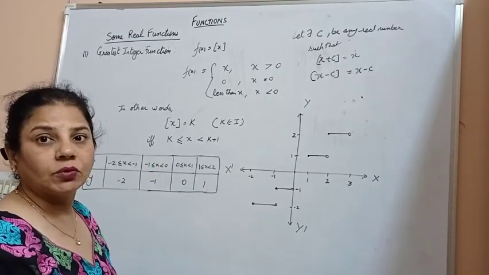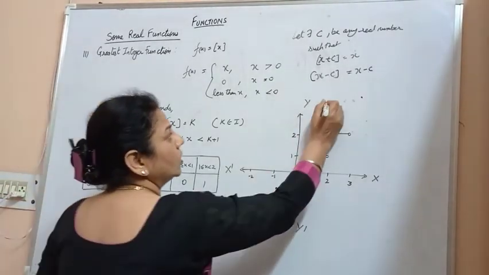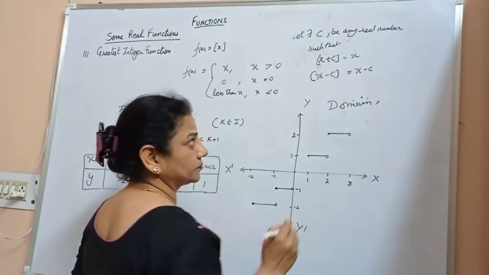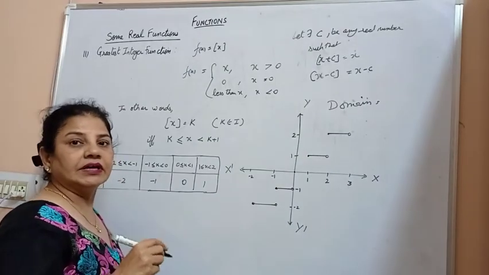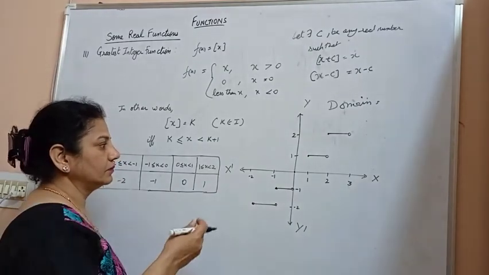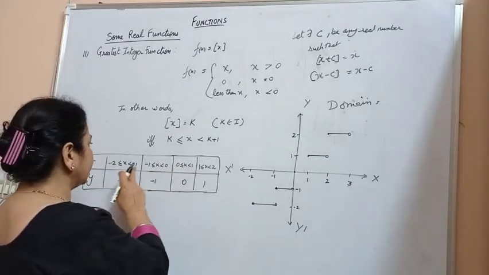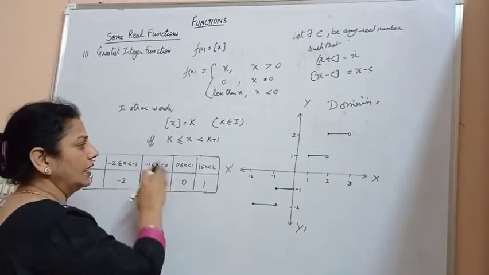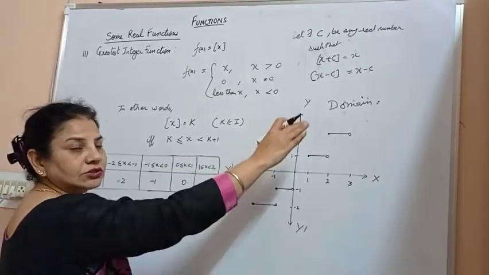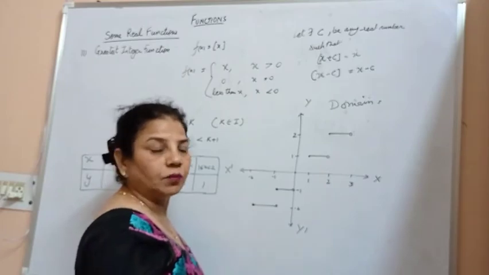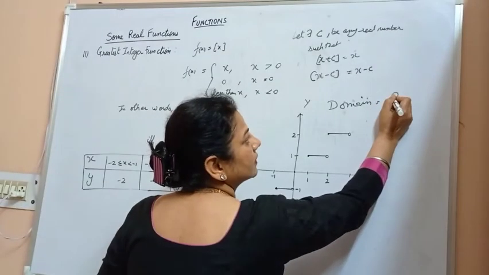When we talk about the domain and the range of the greatest integer function, see what will happen. x can take any value: 0, 1, -1, -2, -3, and so on, and similarly 1, 2, 3, and so on. We know that the value of x is the domain, so the domain is the real numbers.